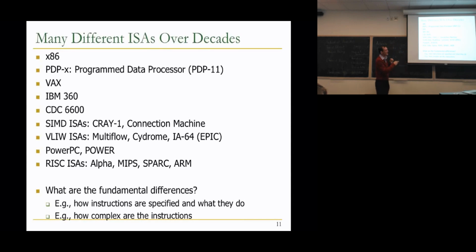And from that evolved VAX. Who knows VAX? Virtual Address Extensions. That's perhaps the most complicated ISA that has ever been designed. Believe it or not, it's more complicated than x86. And I'll show you some examples. And from that, Digital Equipment Corporation made the choice, perhaps an incorrect choice in hindsight, to move from this very complicated ISA to a very simple and nice ISA called the Alpha. And that actually made life really bad for Digital Equipment Corporation, some would argue, because they could have competed with Intel if they continued with the VAX ISA, because they had a lot of software that was written for VAX.